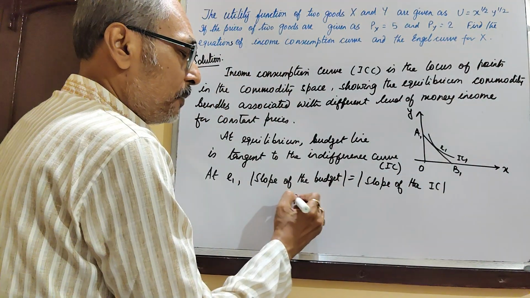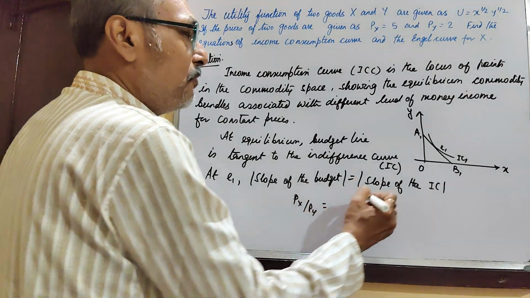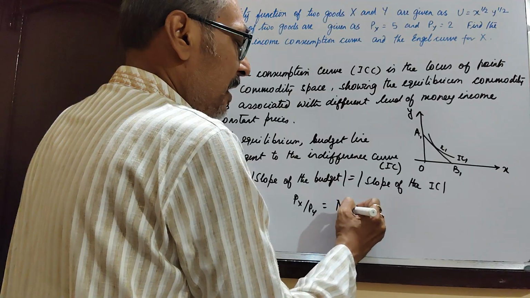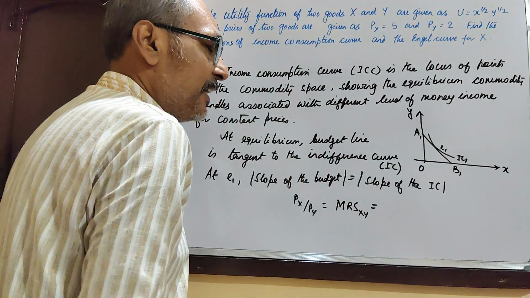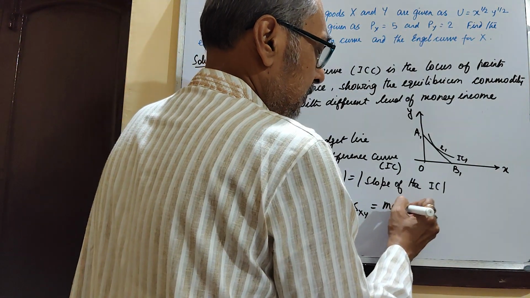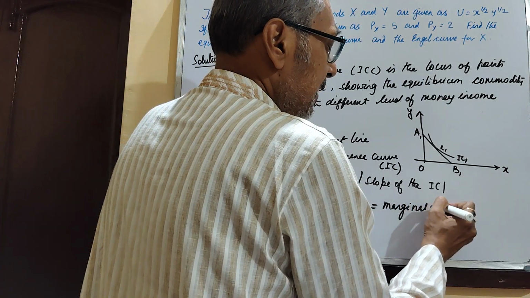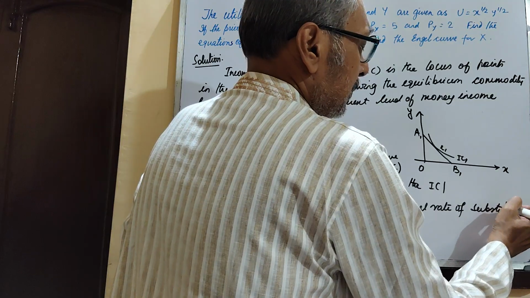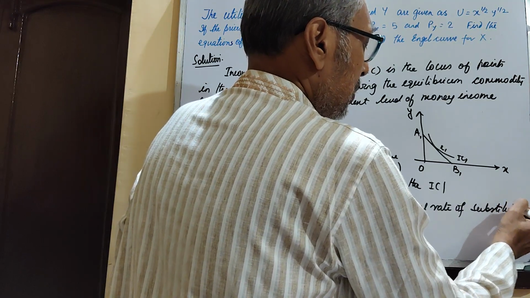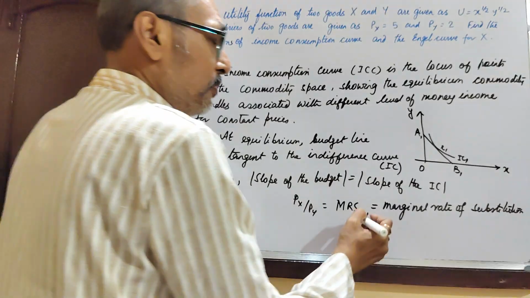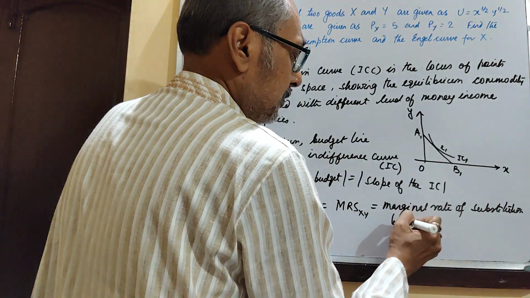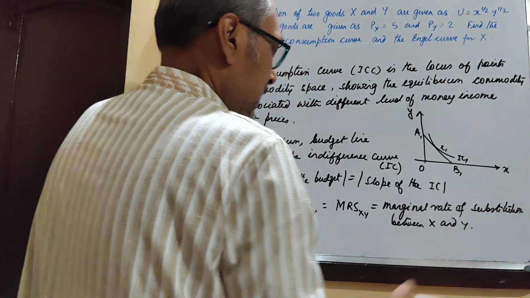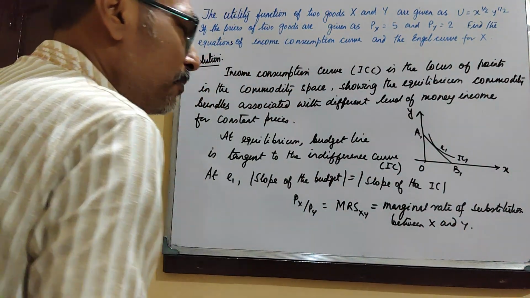Now, absolute slope of the budget line is Px by Py and absolute slope of the indifference curve is called MRS or marginal rate of substitution between X and Y. Now, how to find MRS?